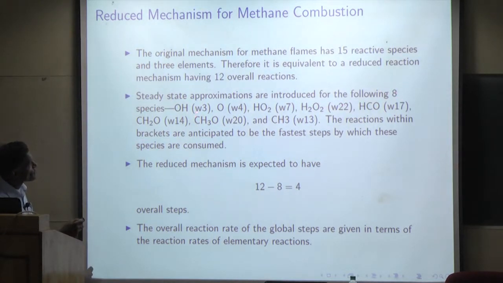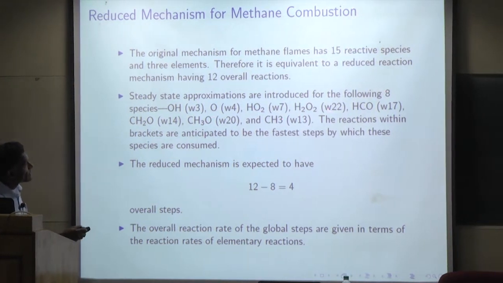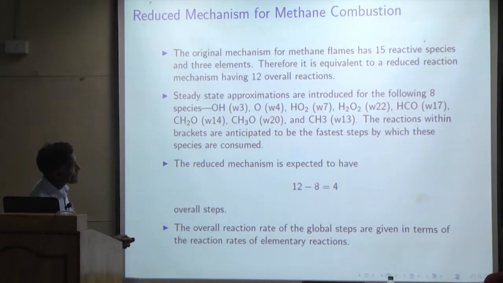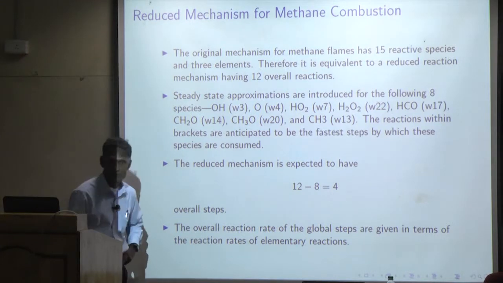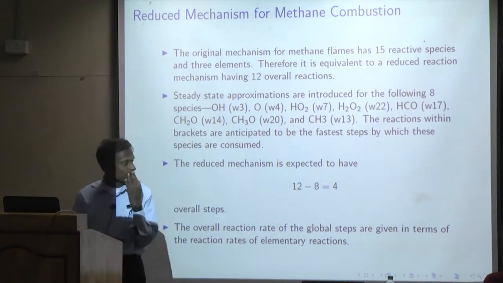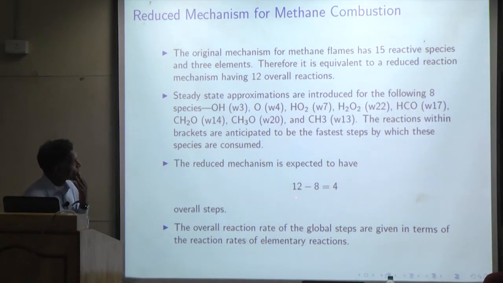It's going to be OH, O, HO2, H2O2, and these. I'm going to tell you what these mean later on. If I introduce steady state approximation for 8 species, I start with 12 and subtract 8, so I have a 4-step reduced mechanism. That's the bottom line. What it really means is that in this reduced scheme, I have to integrate only 4 independent species balance equations.